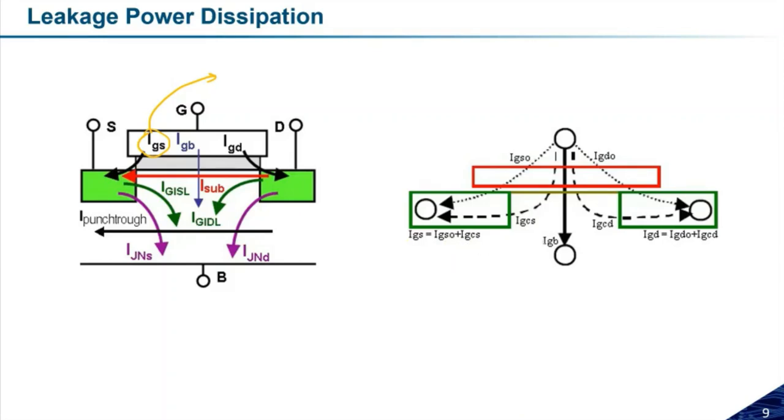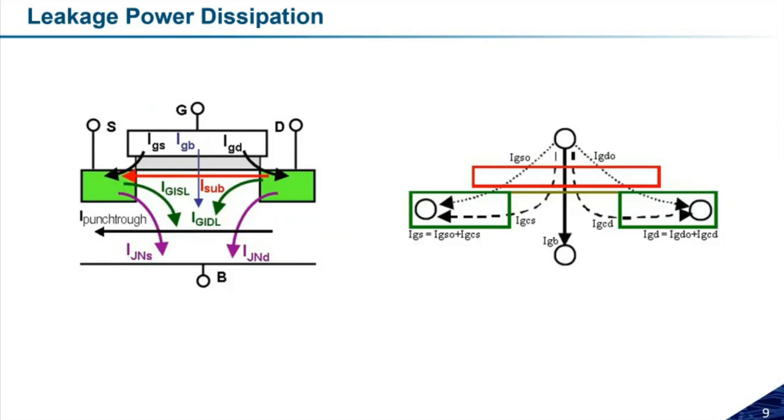Similarly, IGB is the normal one that will flow, and IGD you can break into two parts, IGD naught and IGCD, which includes the channel as well. So this is all about the different components. You can break these components in different ways and have a larger number of components.